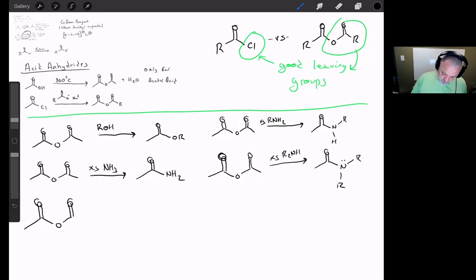Same thing with lithium aluminum hydride.